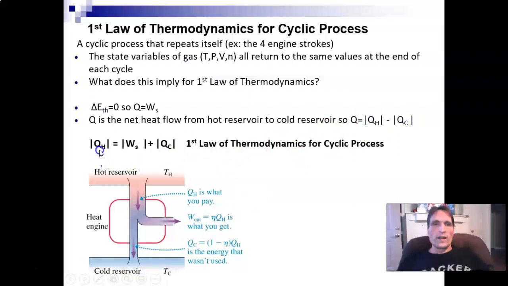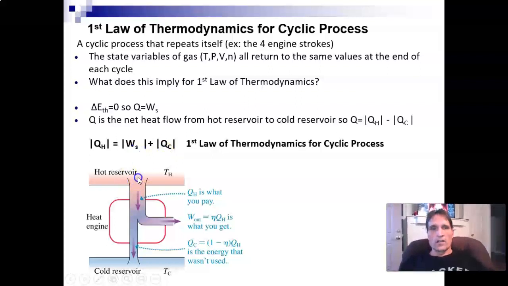And so we can write this first law of thermodynamics, which is a useful form for engines and refrigerators, as: the heat added goes into doing work, and the rest is exhausted into the cold reservoir.